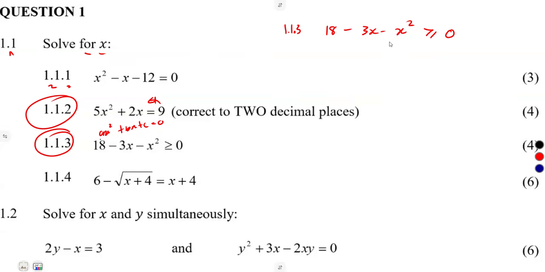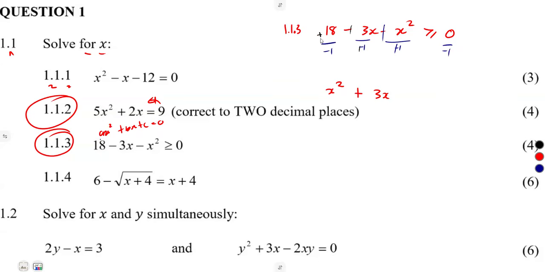So how is that possible? We have to divide each and every term by -1, so that this will be positive. Negative, negative cancels, and that is going to be positive x squared. The same thing, negative, negative, that is going to give us positive 3x.